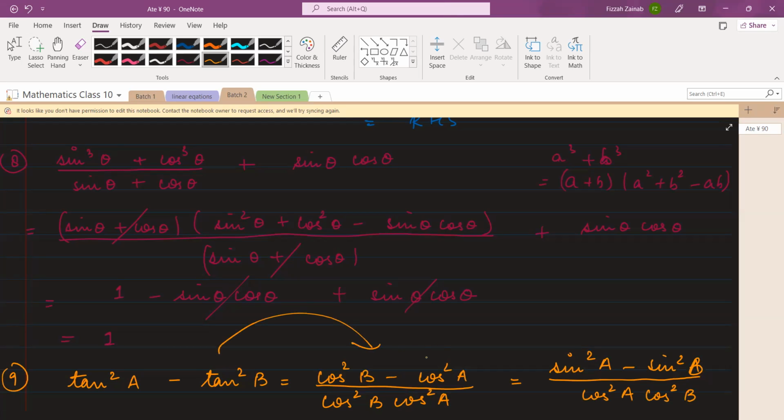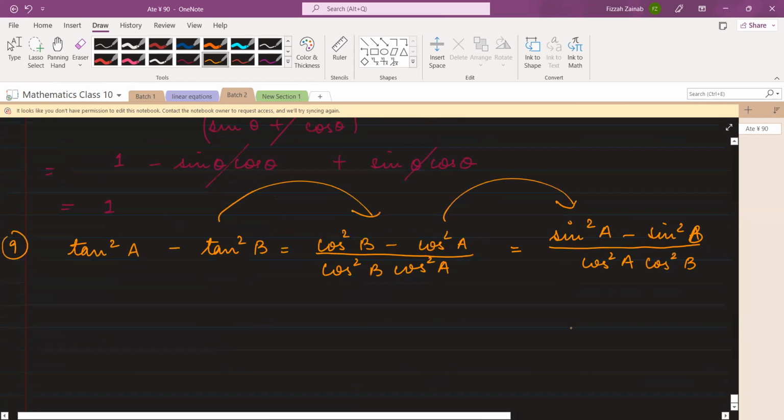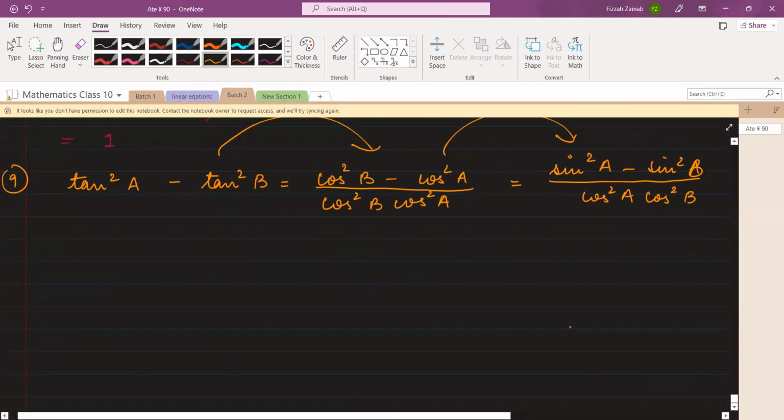And then from here, you will prove this. So I think it's easy. Convert it into sine and cos. I think you will get it.